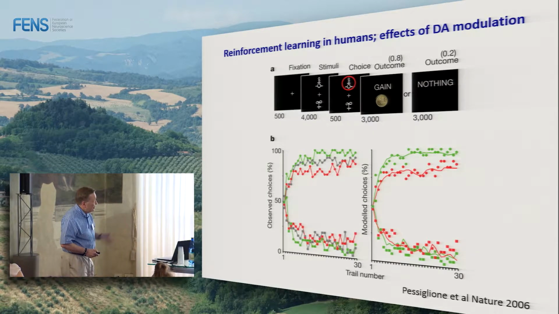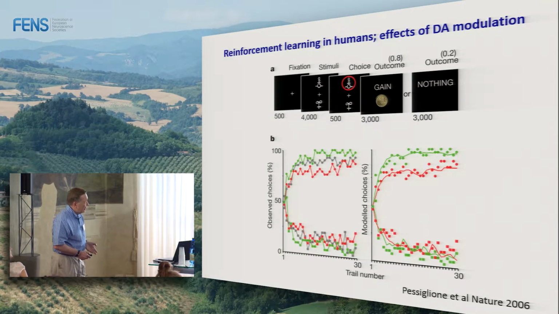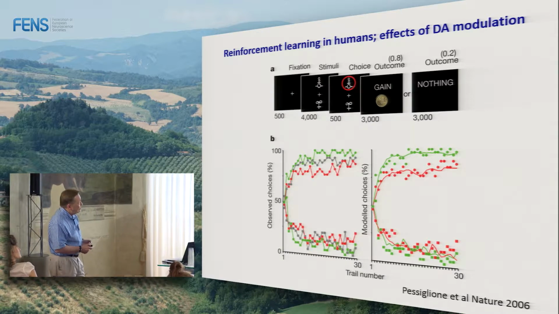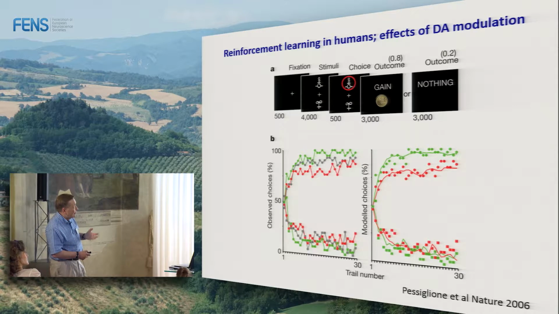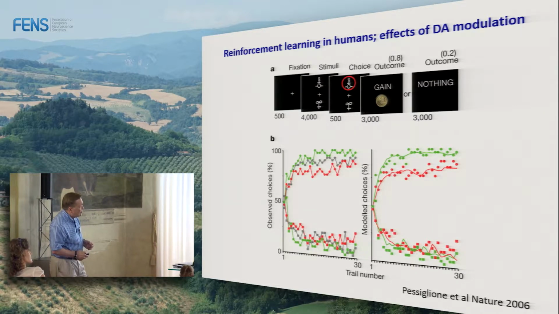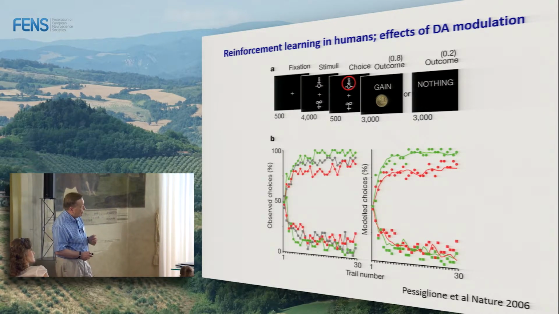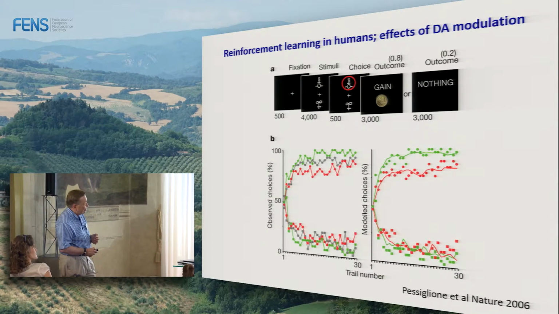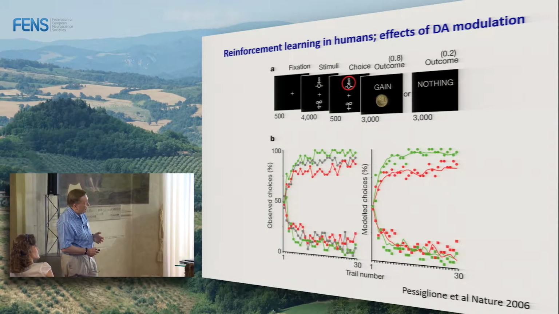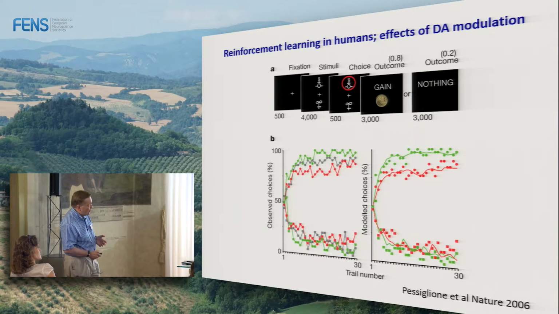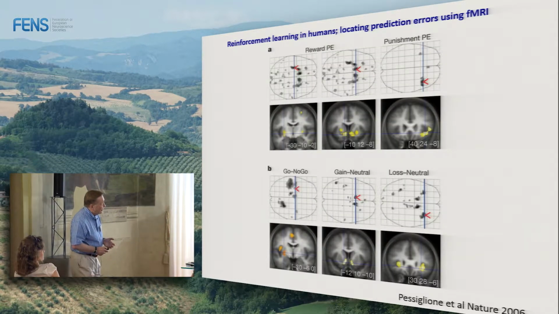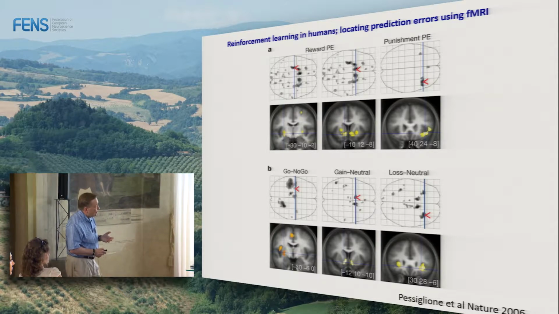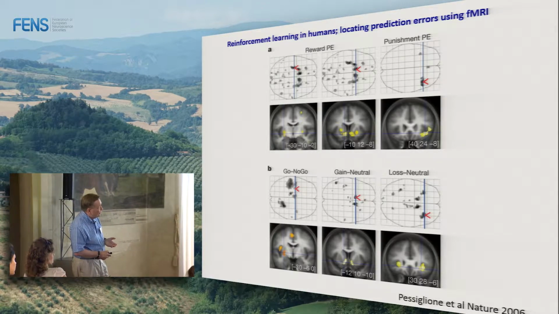It's been done in humans with brain imaging. This is a famous study. They used the BOLD response, again with similar tasks to the monkeys, although with money, and showed that modulating dopamine, either blocking it or stimulating it with L-DOPA in these human volunteers, seemed to modulate this function quite a lot. And in the brain, they showed that these prediction errors were correlated with changes in activity, and guess where?